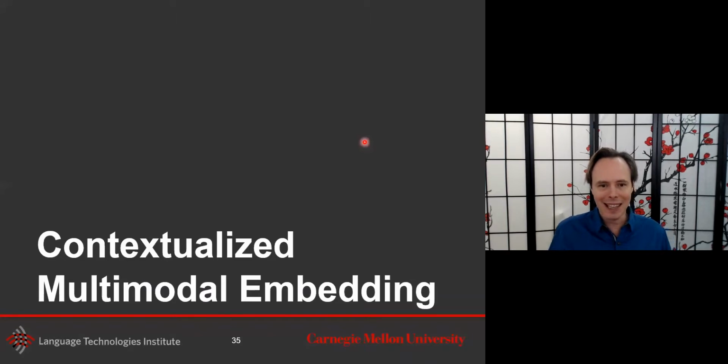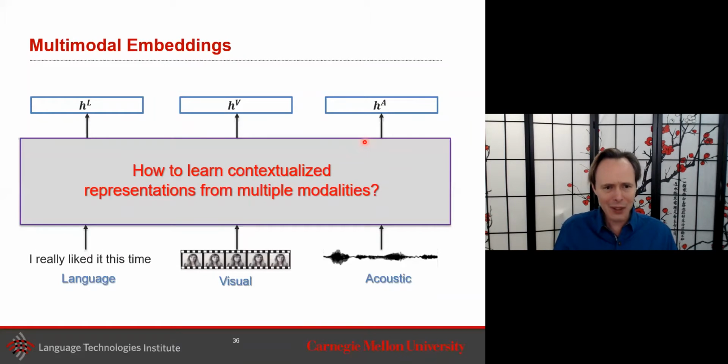But let's start to think about the multimodal way, because I already gave you a hint about it. So how do you do it in a multimodal way? Now the task, and try to think about it, is I have language, like "I really like it this time," I have visual, I have acoustic.